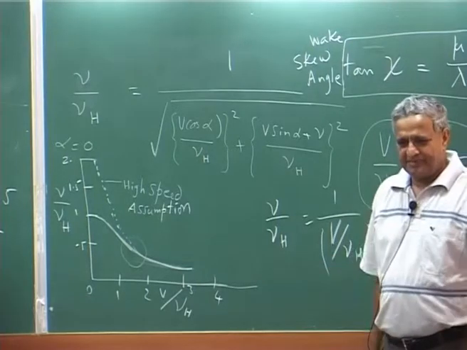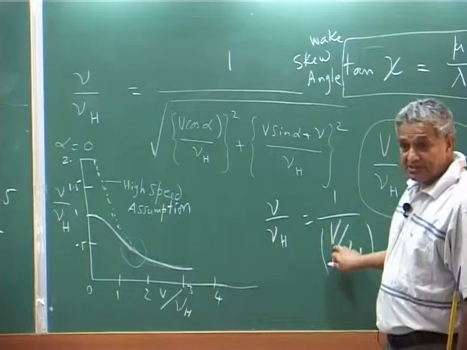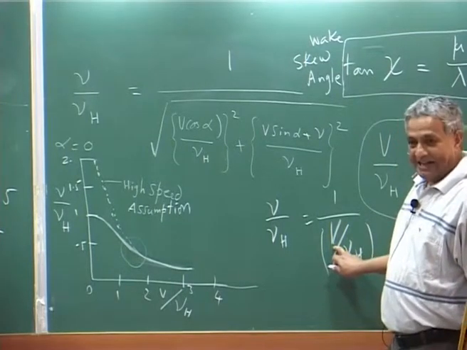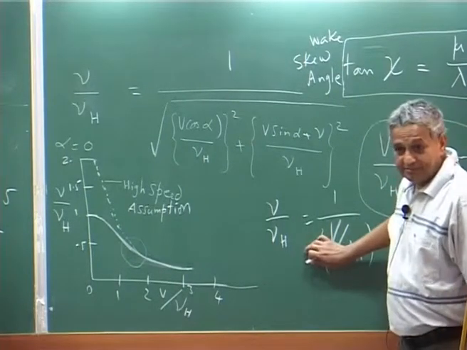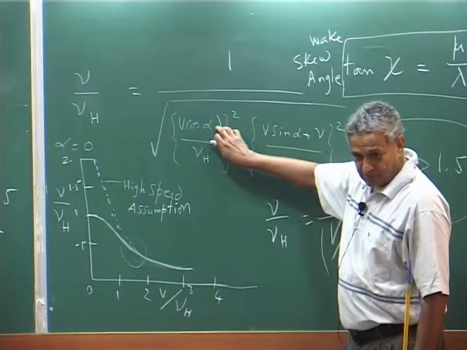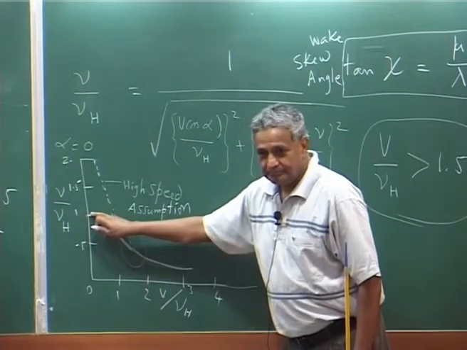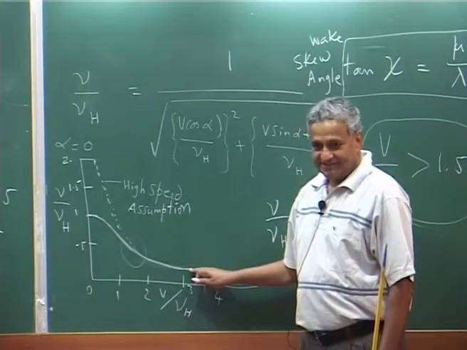Alpha is 0. See, alpha is small, you can take it because cosine alpha is almost 1, but it is a high speed assumption. Okay, and if I plot this curve, please understand, I have plotted this with alpha 0, exactly this is the curve, this continuous line.